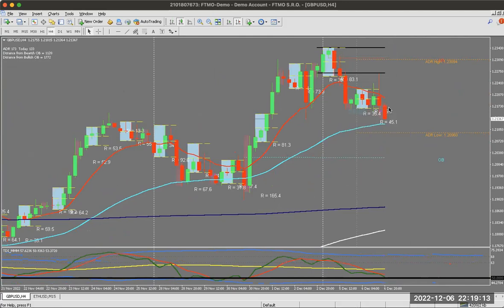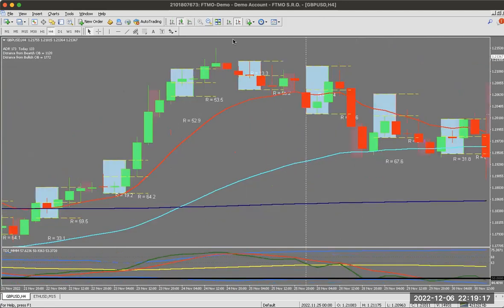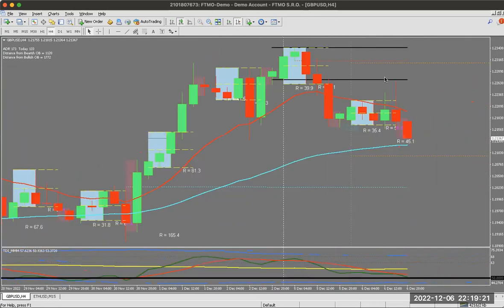I'm going to remove this fib. I hope it's clear. I'm going to zoom in again. Okay, so first thing, we are in a clear uptrend, right? Second thing, we have two candles, one small one, one big one, and the big one engulfs the small one, and it's a clear uptrend.